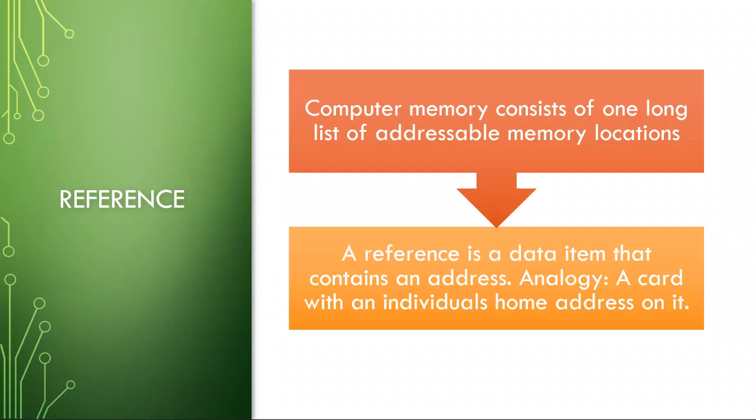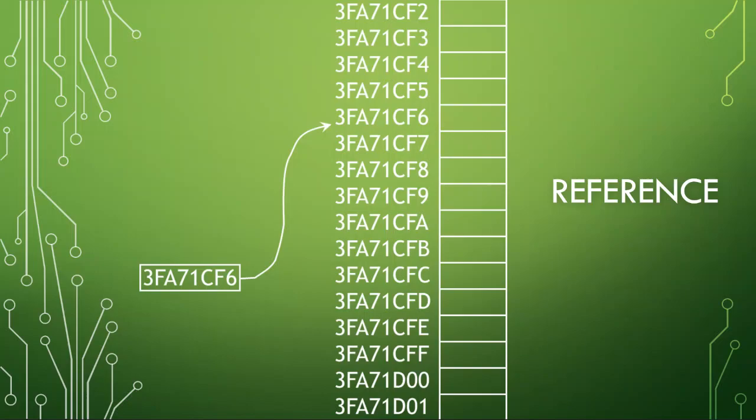So this is going to be a quick review of that original information. You have to remember that computer memory consists of what you can visualize as a long list of addressable memory locations. A reference is a data item that contains an address. An analogy would be a card with an individual's home address on it. So it's still within memory, but at that location in memory, it holds an address to the next spot you're supposed to go to. A visualization of this is like this straight large structure.